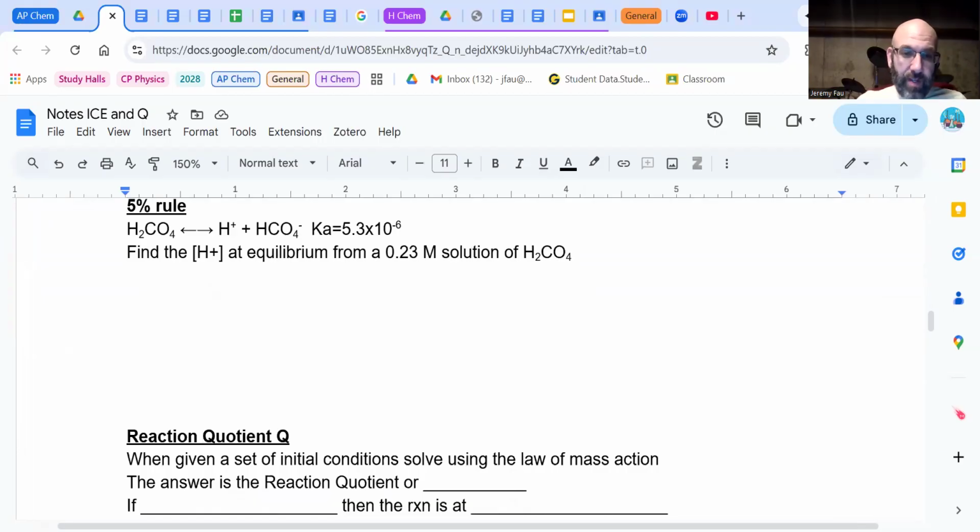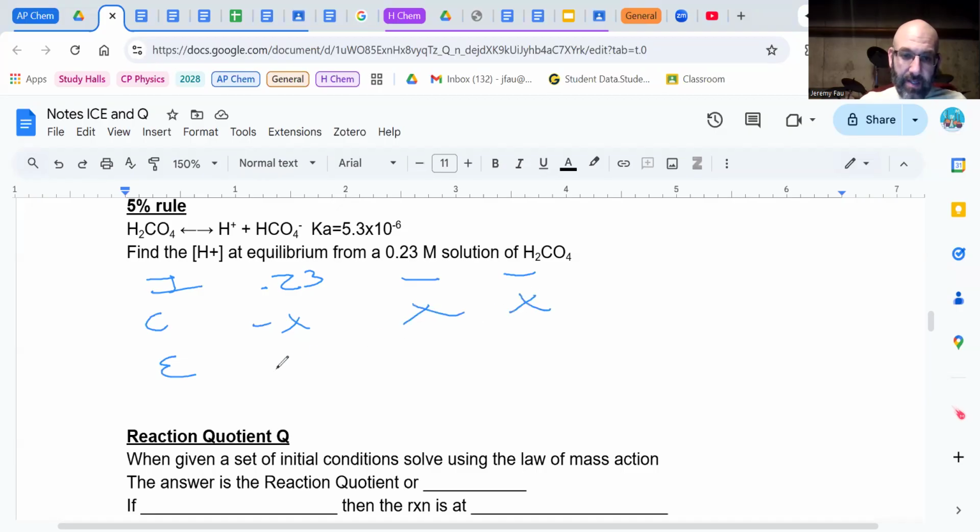All right, so we're going to try one more of these. We have to find the concentration of H plus at equilibrium in this solution. So again, it's the 5% rule. We have 0.23 as our initial, nothing and nothing. This is minus x.